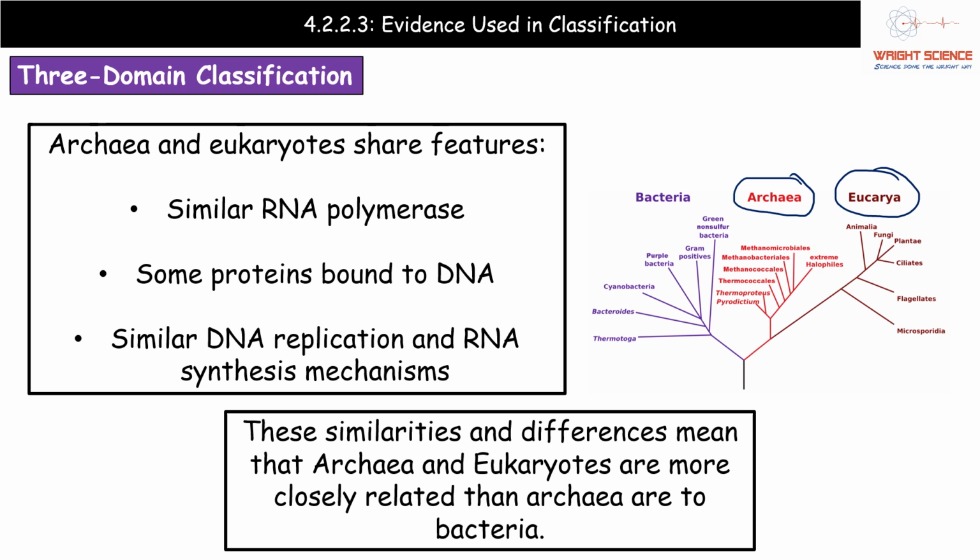So even though the archaea are forms of bacteria, they're not the closest related to them. Instead, what he said was our eukarya, which are our animals, our plants, our fungi, etc., have more features in common with archaea than the archaea have in common with the bacteria. So this is what led to these three domains.